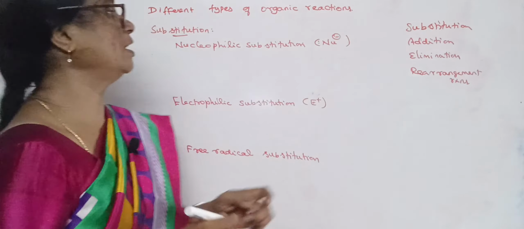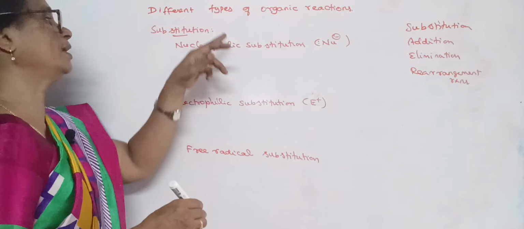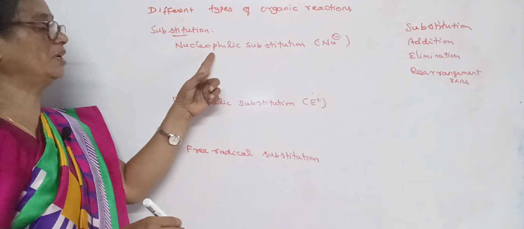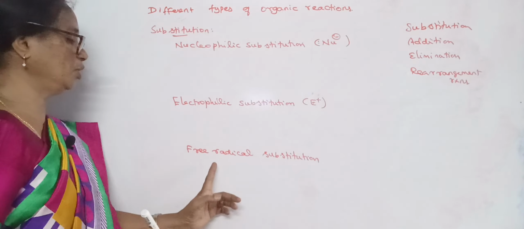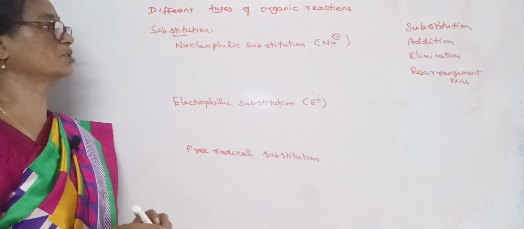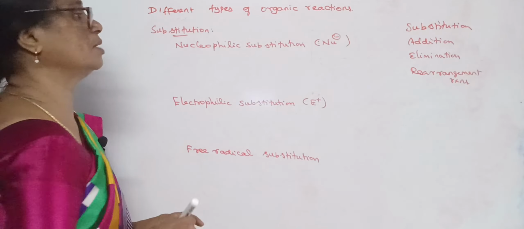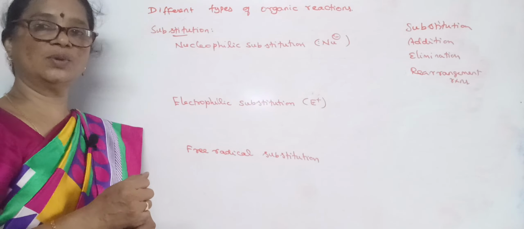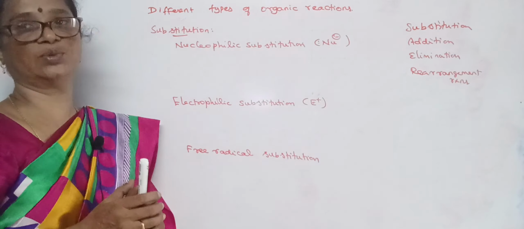Let us take first of all substitution reaction. Substitution reaction is further classified into three types: nucleophilic substitution, electrophilic substitution and free radical substitution. What is called nucleophilic substitution? First of all, nucleophile, a group having a lone pair of electrons or a negative charge.